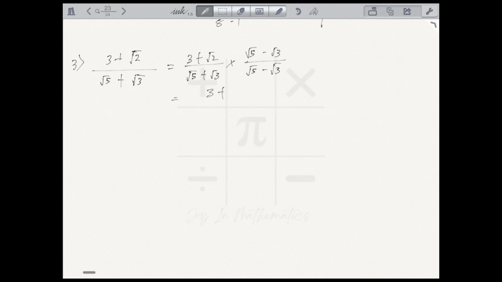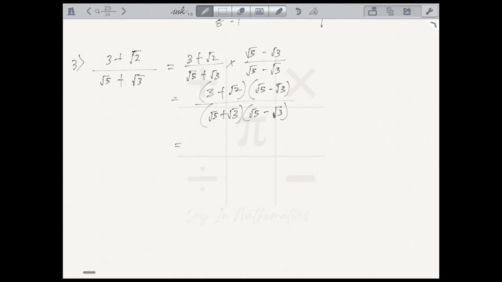Therefore, bringing them together: 3 plus root 2 times root 5 minus root 3, divided by root 5 plus root 3 multiplied by root 5 minus root 3. Now, this numerator reminds us of our lesson 10 on multiplication of surds in brackets.